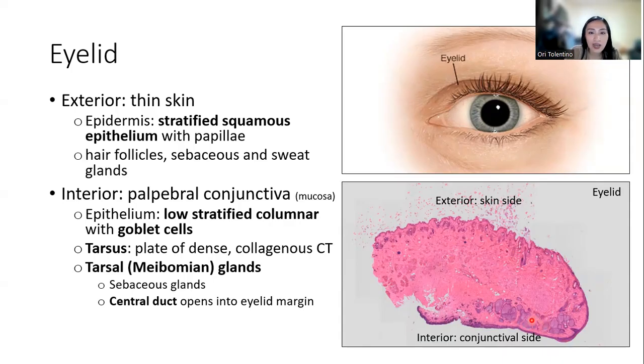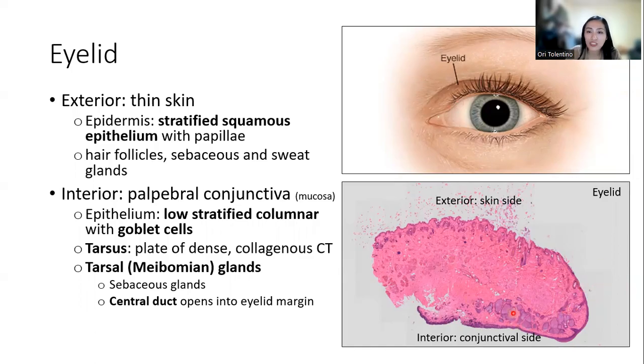The inner side also has a plate of connective tissue right here, and it's called the tarsus. Inside the tarsus, inside this plate of connective tissue, you can find the tarsal glands, which are sebaceous glands with a central duct that opens into the eyelid margin.